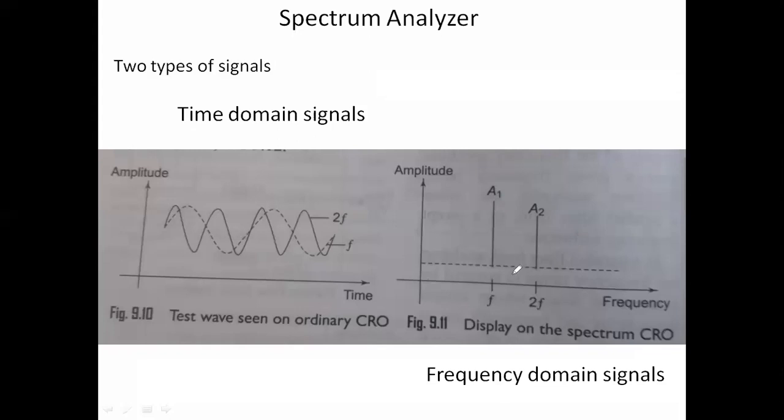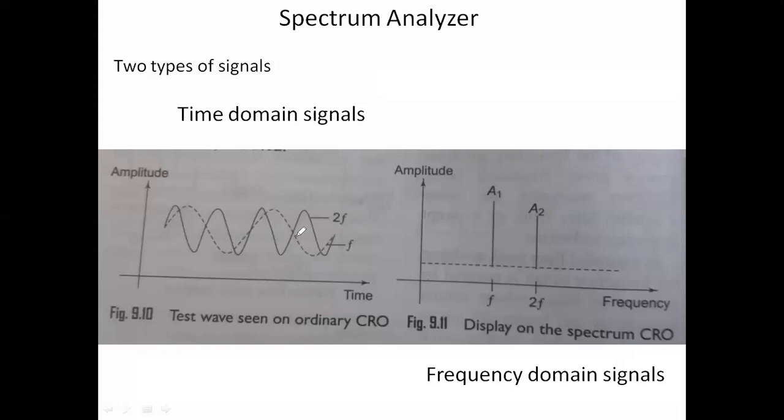So like this we have the representation of the frequency domain signals and time domain signals. The spectrum analyzer will show the spectrum of all the frequency components which are applied at its input.